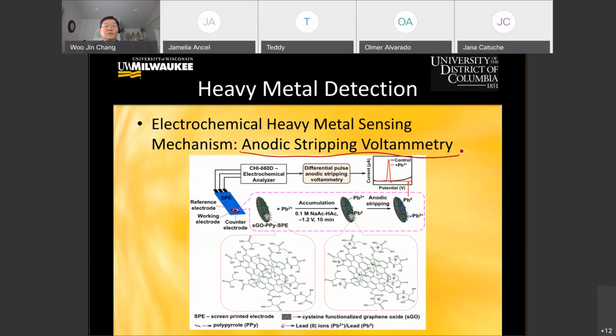In this method, we need to think about the sensitivity and selectivity of the sensor. These two are always very important features of sensors.